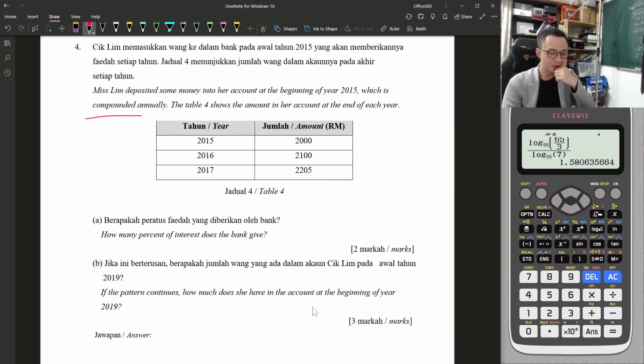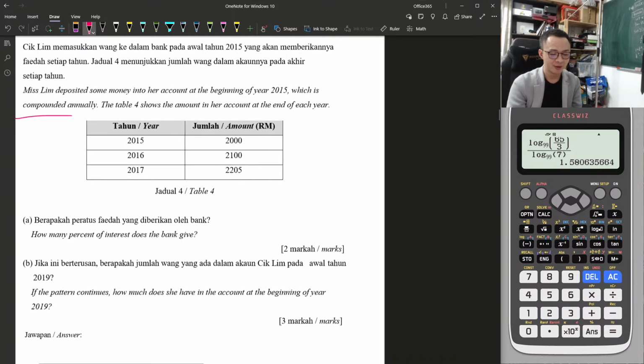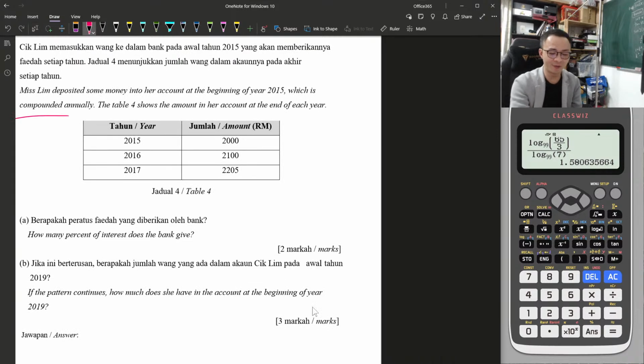Okay, so how many percent of interest does the bank give her? Depends how you want to do. The simple way is from 2000 to 2100, we know the interest is about 100, isn't it?